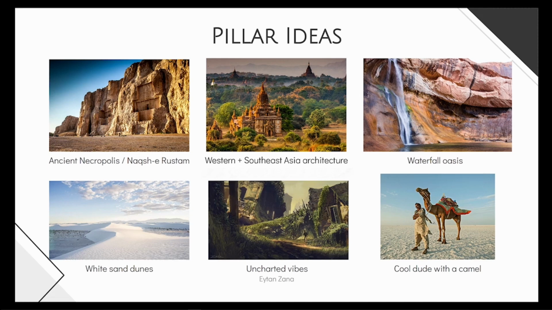I just wanted to do some ancient Persia. I inspired myself from a necropolis in Iran, this thing I can't pronounce, with some mix of Western and Southeast Asia architecture, because I found that these two architectures are pretty similar.